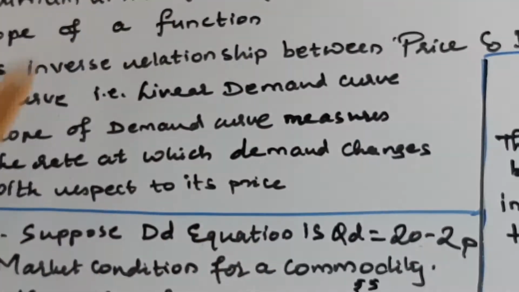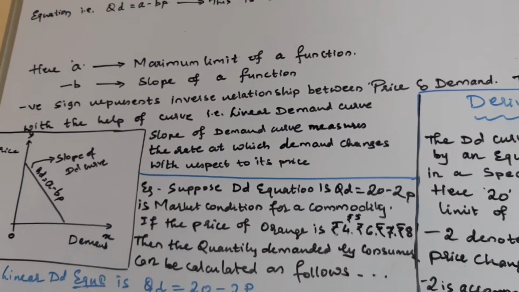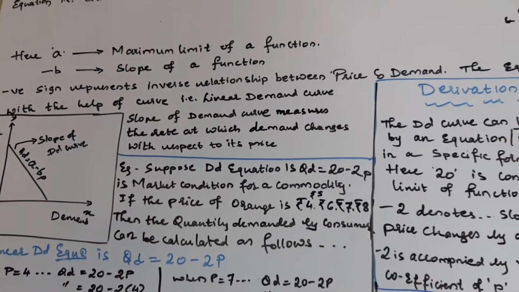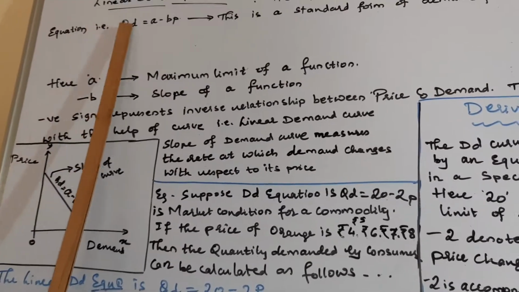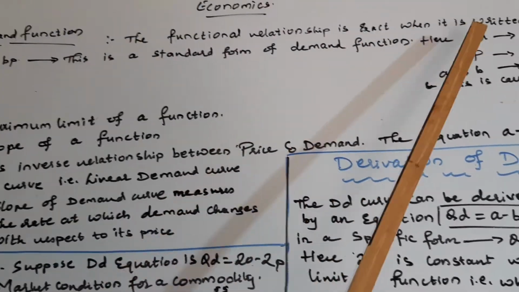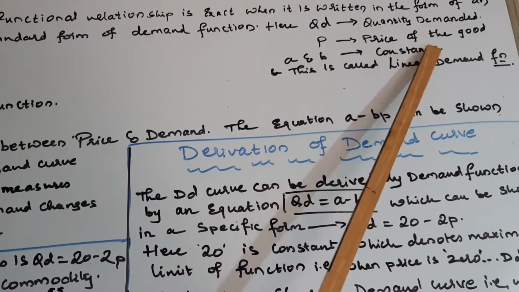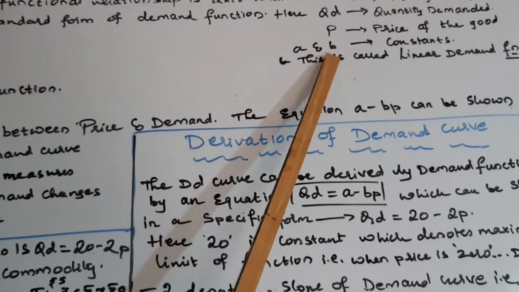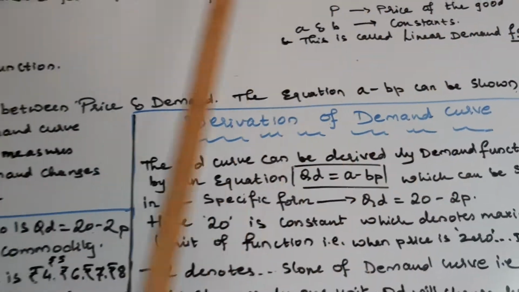I repeat, the linear demand function shows the relationship between the price and the demand, and it can be expressed in the form of Qd = a - bp, which is the standard form of a demand function. Qd refers to the quantity demanded, p refers to the price of the commodity, and a and b are constants.